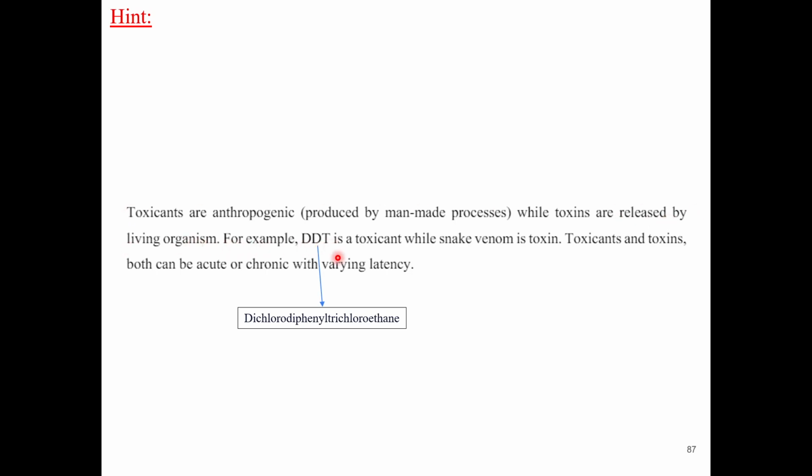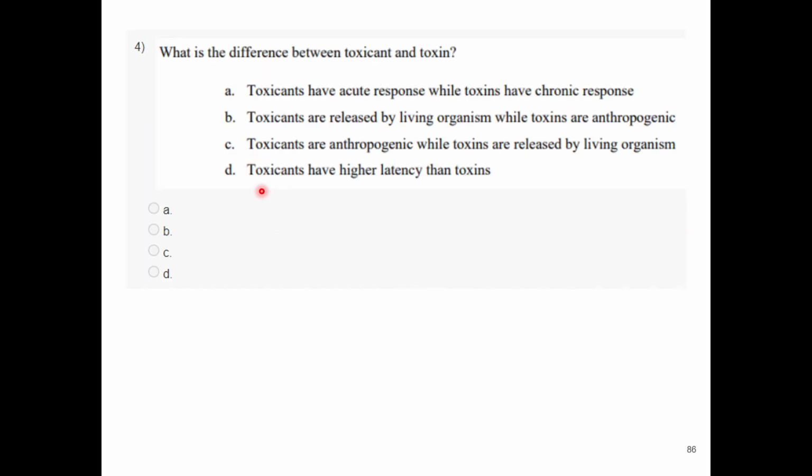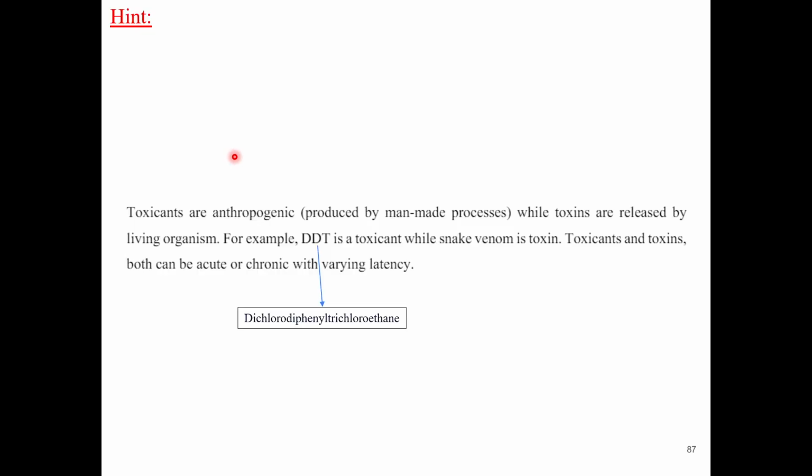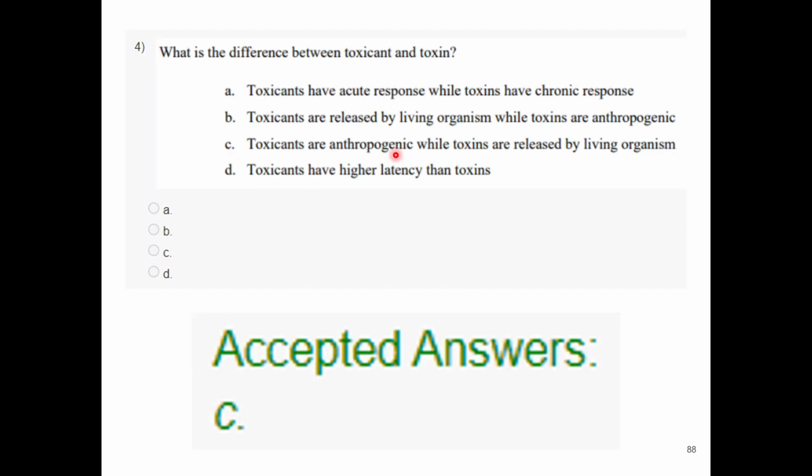For example, DDT, dichlorodiphenyltrichloroethane, is a toxicant, while snake venom is a toxin. Toxicants and toxins both can be acute or chronic with varying latency, so those are not the correct options. So the correct option is C: toxicants are anthropogenic while toxins are released by living organisms.